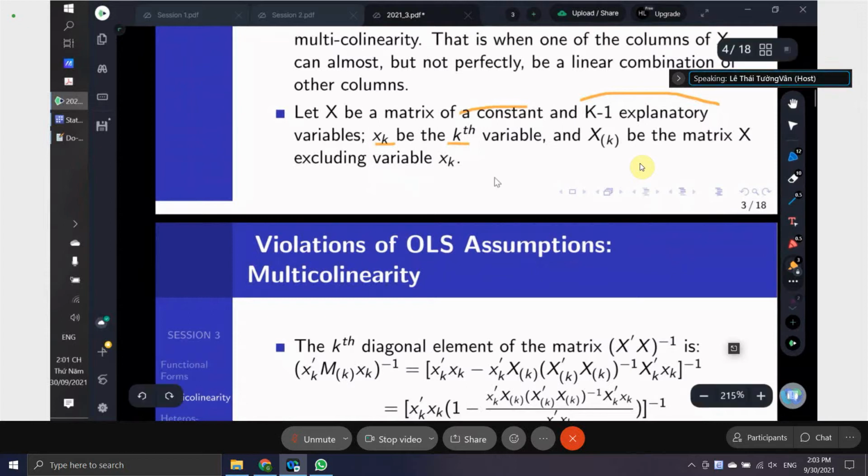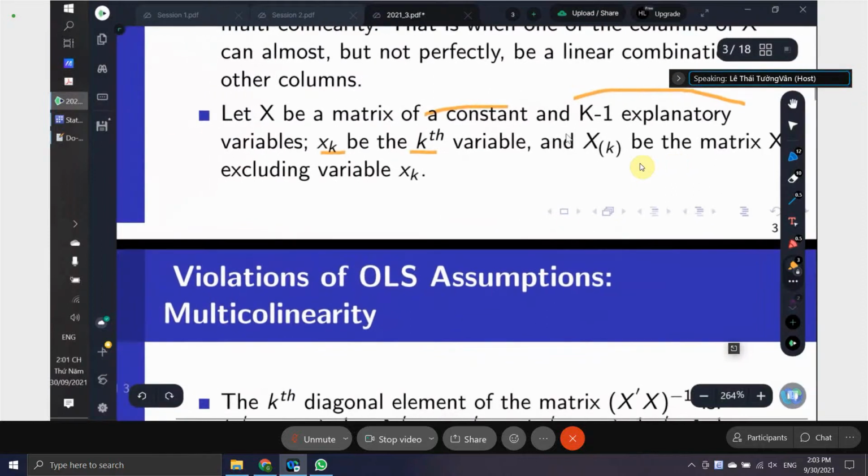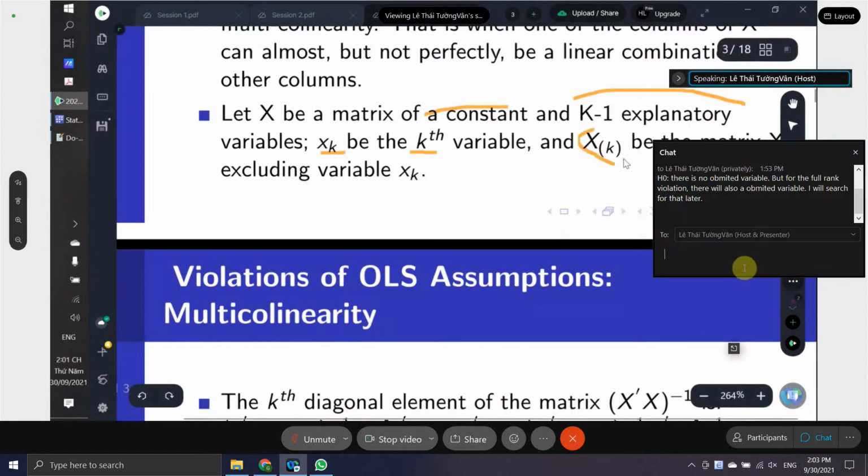Please read it. Now please read the statement again. Let X be a matrix of the explanatory variables, and X subscript K is that matrix with the Xk removed. My question is, how many columns are there in this one?